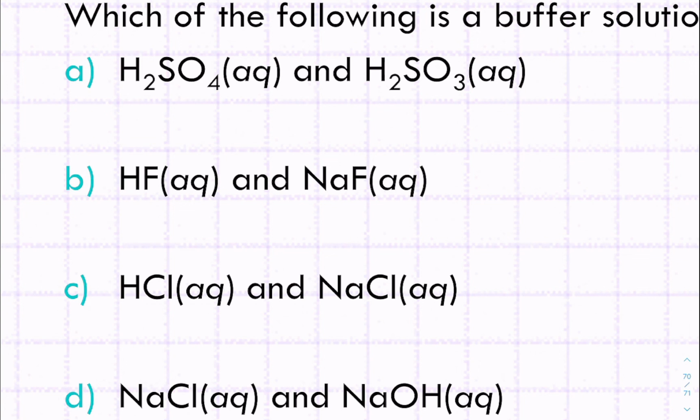So we have SO3 and SO4. They can't be a conjugate acid and conjugate base of each other. That's one reason. Actually, I think there's three reasons here. So one, no conjugate base specifically, because these are both acids.